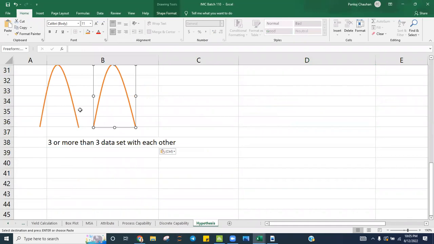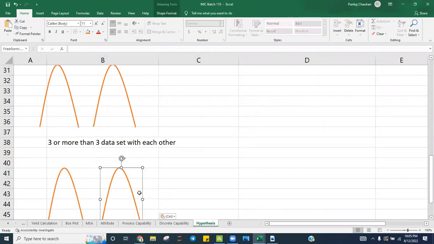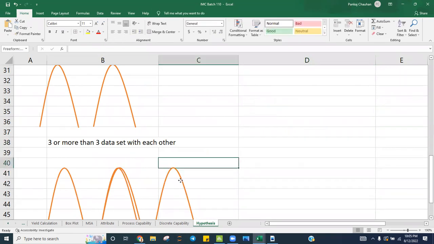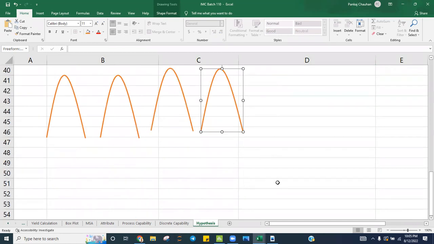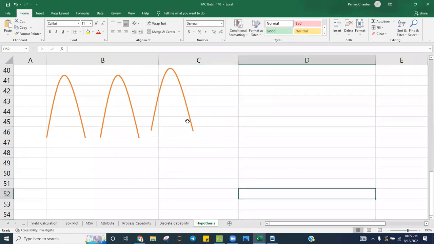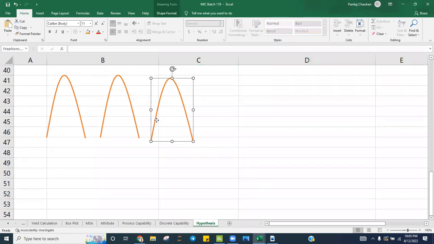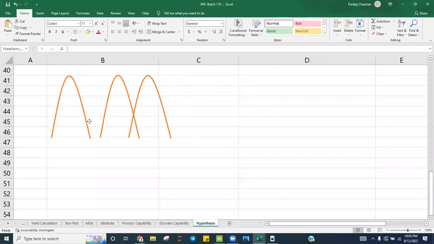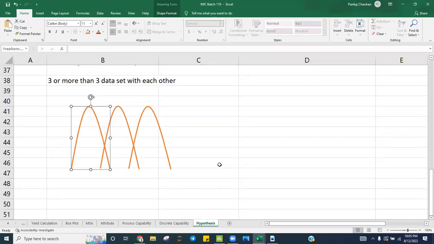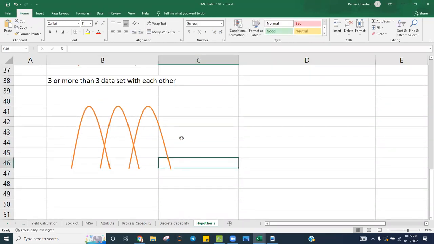So you have these 2 data sets. Here it is pasted, and here I am pasting one more data set. So if I see, guys, let's say I delete one. This is the picture you have. Tell me, in this case, is this a null hypothesis or alternate, and why?